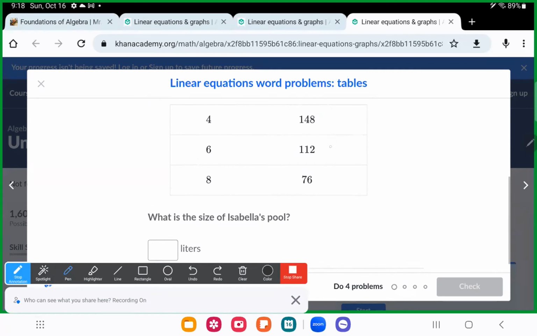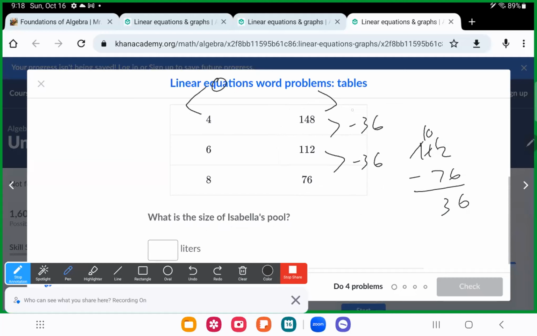Okay, so we know we're going by twos. And so what is 112 minus 76? That'd be 36. So we are subtracting 36 most likely, right? So in order to go backwards all the way to 0, that's like subtracting 36 twice. And what's 36 times 2? 72, right?